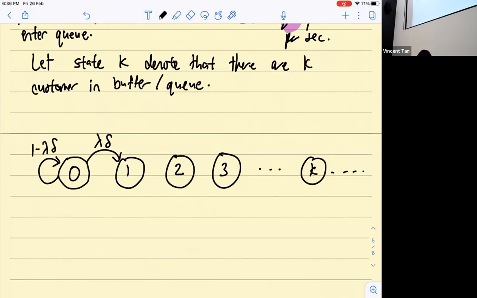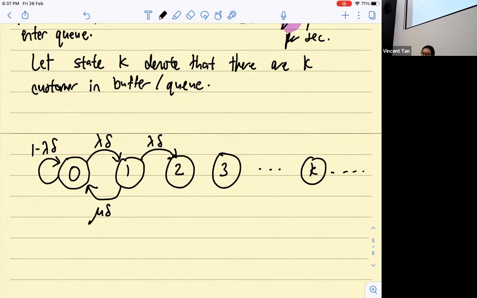So next, if I have 1 person in my queue, what is the chance that I have 2 people in my queue later on? It's basically lambda delta. But what's the chance that I have 0 people in my queue? Well, this person will be served, and so you will transition to 0 with probability mu delta.